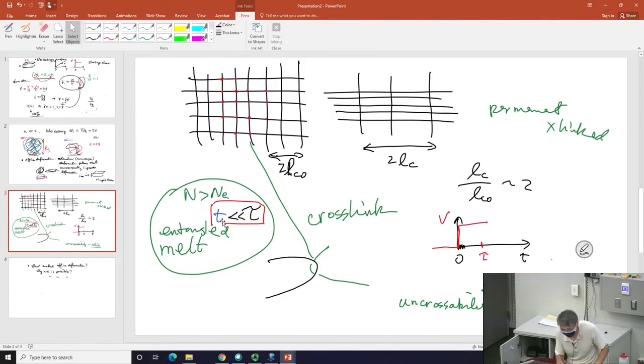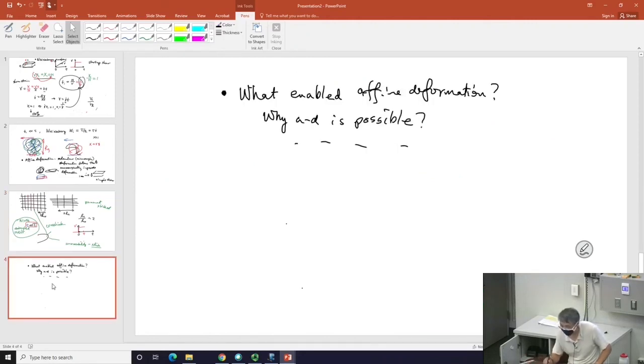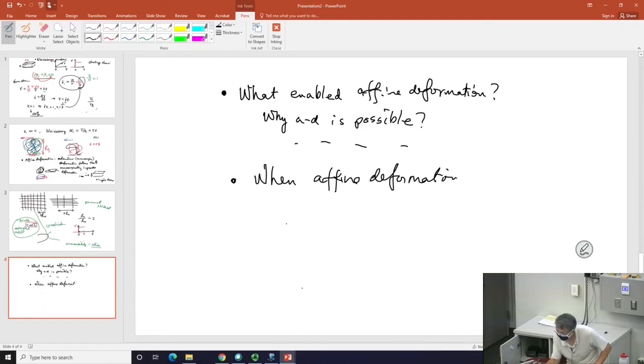So the next question is exactly when affine deformation ceases. These are the only questions. In other words, I can reduce everything we need to study to these two questions.